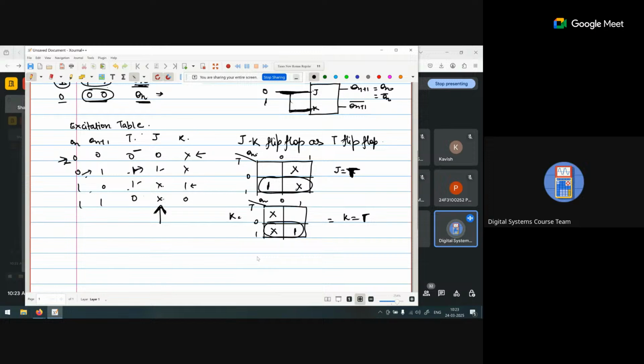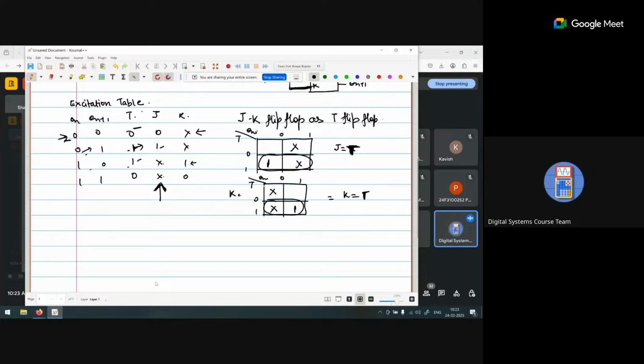Remember the excitation table we discussed in the previous class? What is the excitation table of JK? It is correct or not?